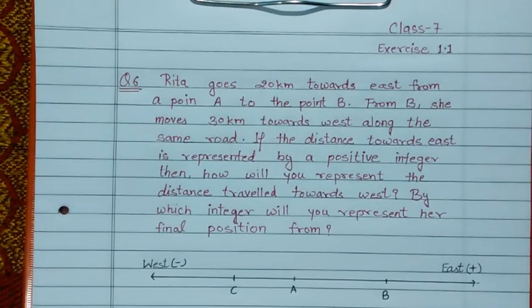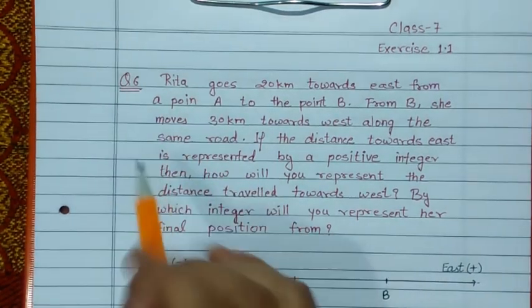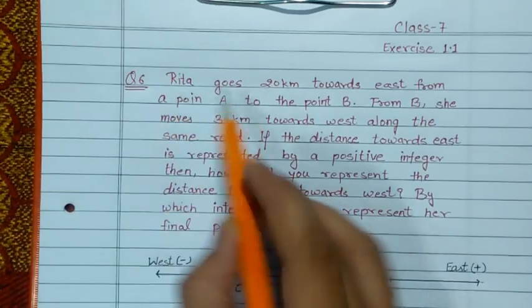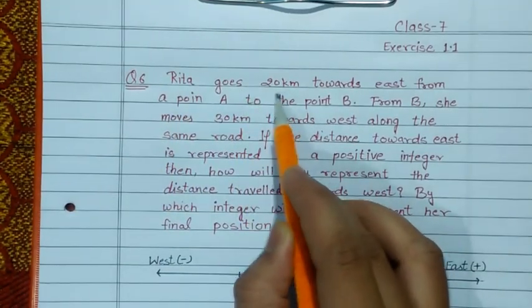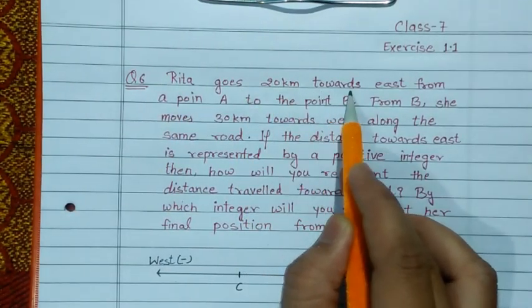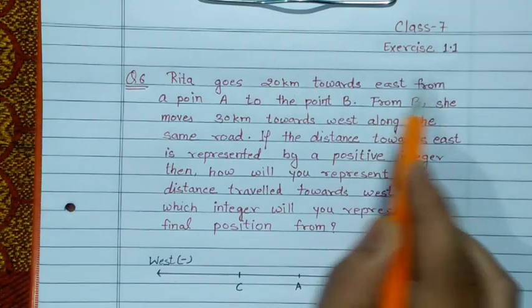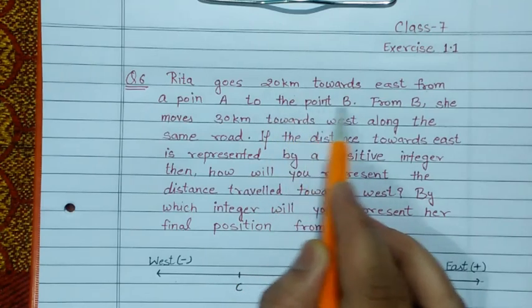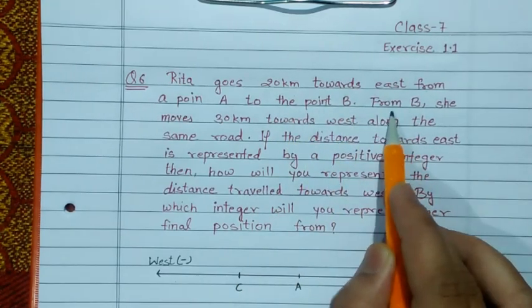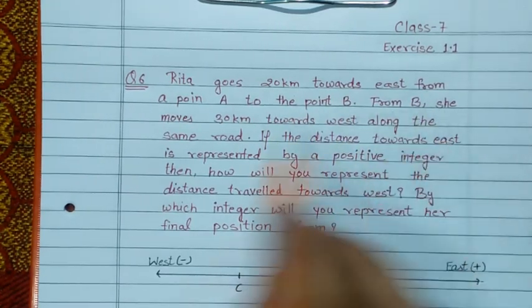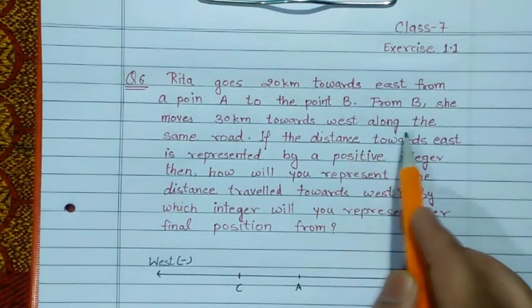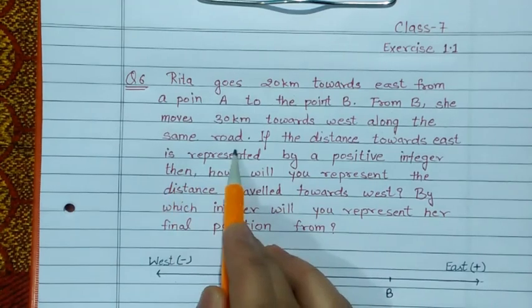The next question that we are going to take is question number 6. What is question number 6? Rita goes 20 kilometers towards east from a point A to a point B. From B, she moves 30 kilometers towards west along the same road.